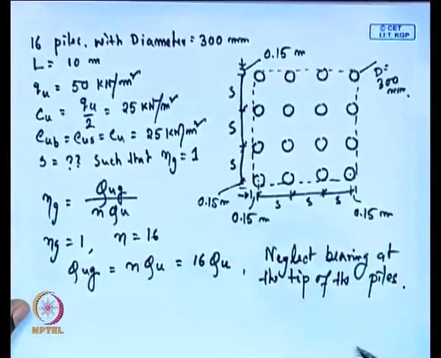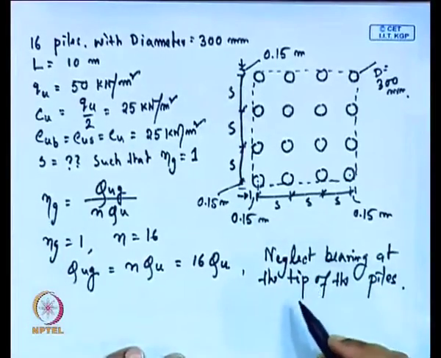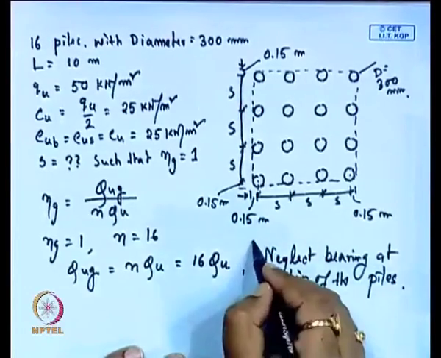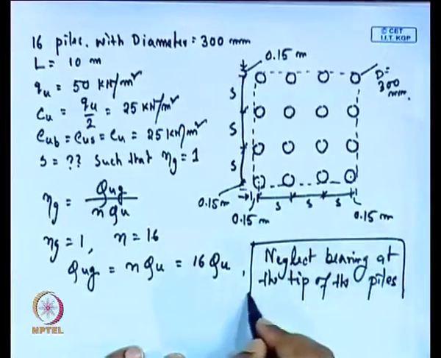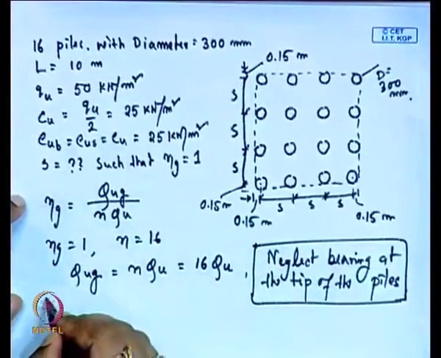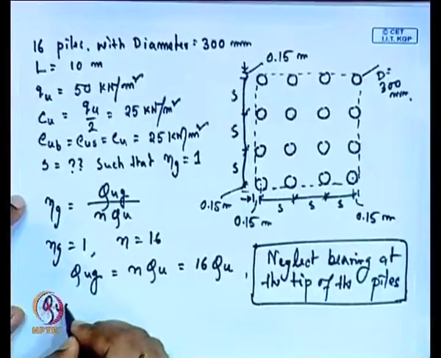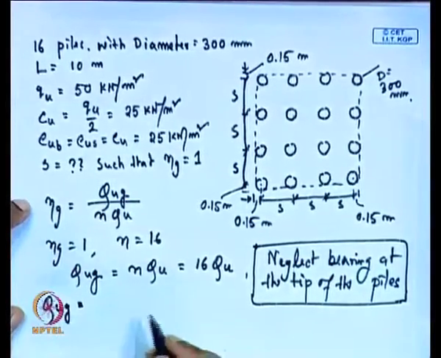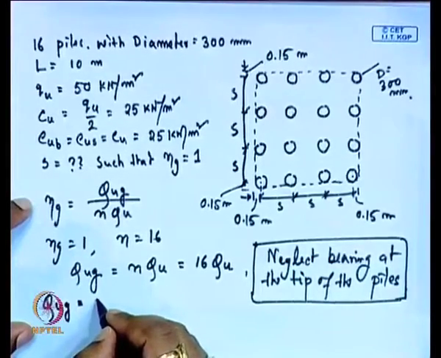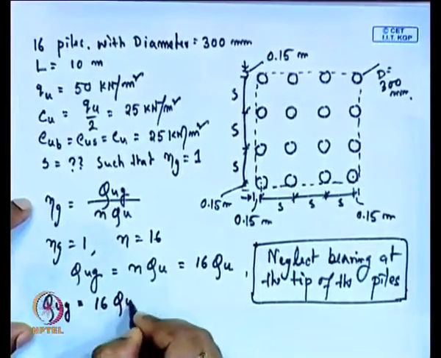So these are friction piles. The resistance coming from the friction will be more as compared to the resistance coming from the tip. So we are neglecting the tip component. So QUG will be equal to, as I have mentioned, 16 QU.